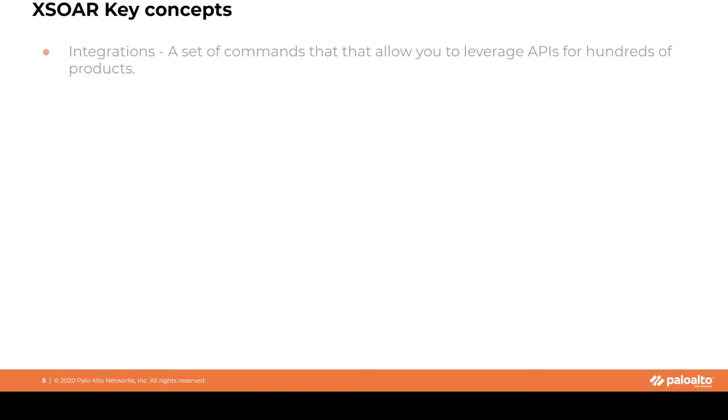So let's dive into some key concepts of XSOAR. First of all, integrations. Integrations are actually sets of commands that utilize other product APIs. For example, PAN-OS firewalls, XDR, VirusTotal. We support hundreds of products out of the box, including, of course, all of the relevant Palo Alto Networks products. Automations are scripts within XSOAR that allow you to perform various tasks, such as parsing data, calculations, checking conditions, and many others as well.